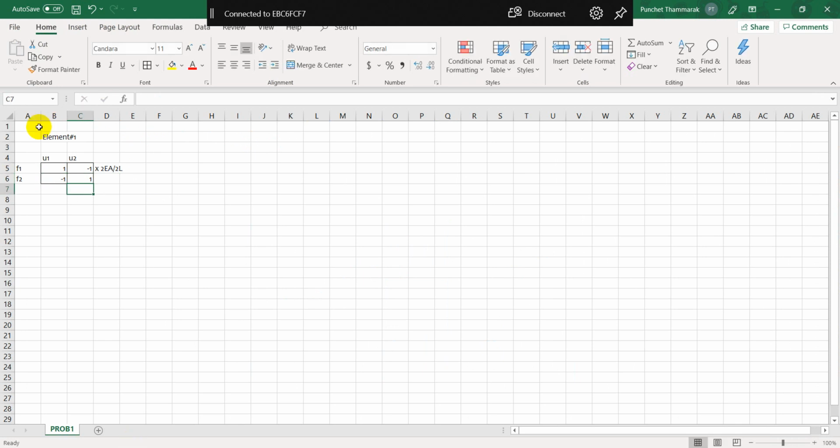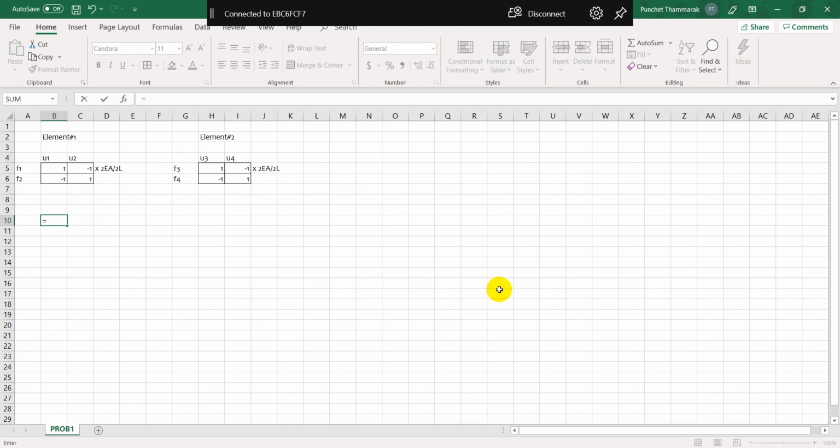So 1, -1, -1 and 1. That's it. Element number 2, we have the same: U3 and U4, F3, F4. Okay, exactly the same. And then your degrees of freedom, as we know that U2 and U3 are going to move together.